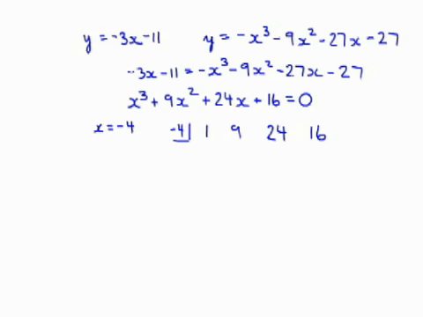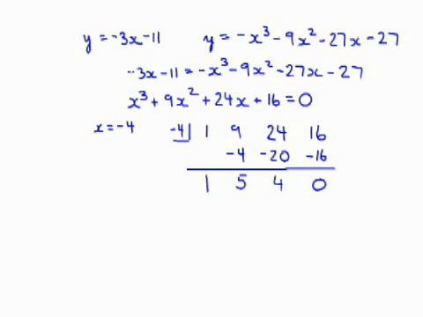Then I do my synthetic division, and what I end up with in my bottom row is 1, 5, 4, and 0. The 0 represents the remainder, which it should be, because we know that x equals negative 4 is indeed a root of this particular cubic, so the remainder has got to be equal to 0.